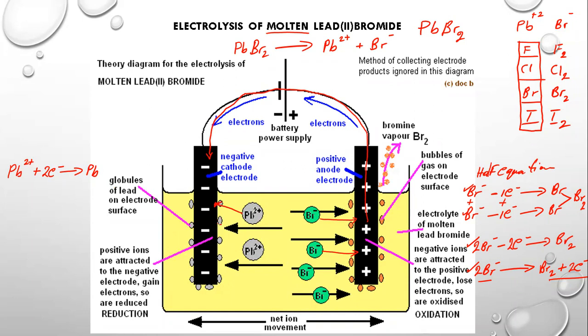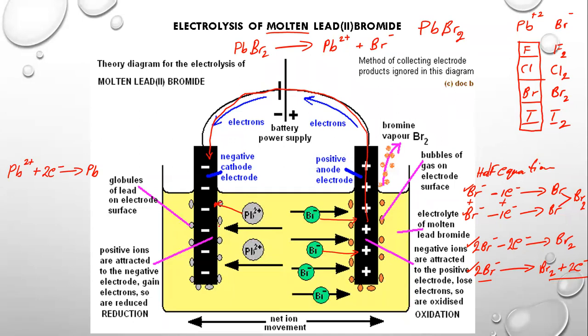Now what you can see here, these beads of lead that are attached to your cathode, these are thousands, perhaps millions of lead atoms building up to make this bead of lead coated onto your cathode.